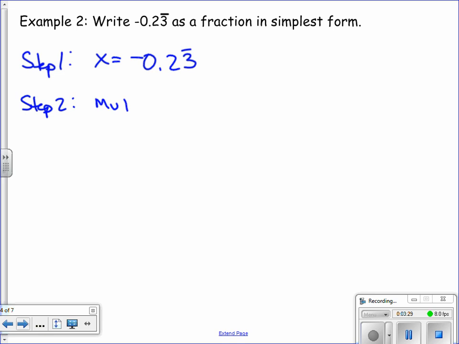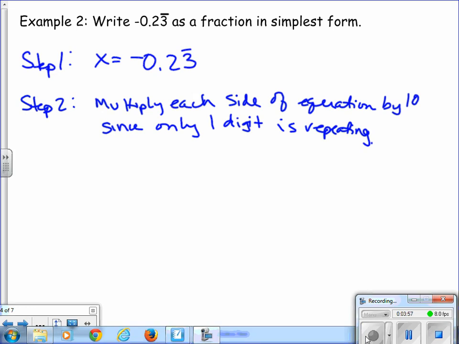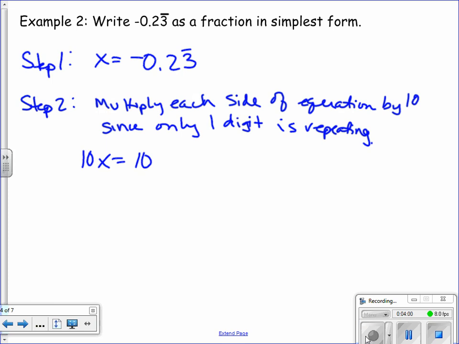So we're going to multiply each side of the equation by 10 because there's only one digit repeating. So 10 times x equals 10 times negative 0.23 repeating. Simplify this, so 10x equals negative 2.3 repeating.